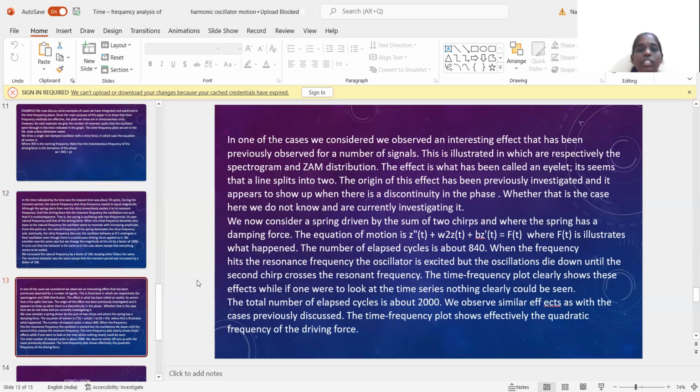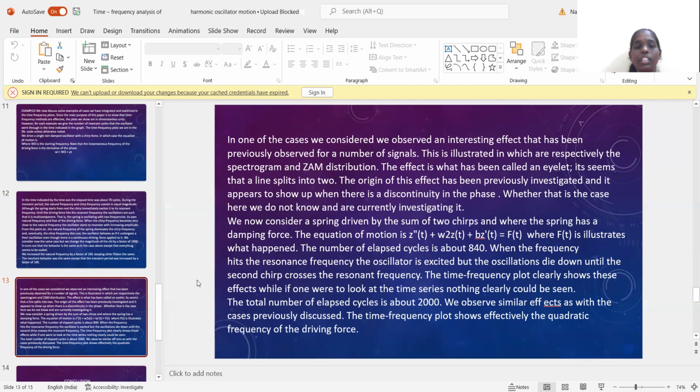In one of the cases we observed an interesting effect that has been previously observed for a number of signals. This is illustrated in the figures, which are respectively the spectrogram and the Wigner distribution. The effect is what has been called an islet.